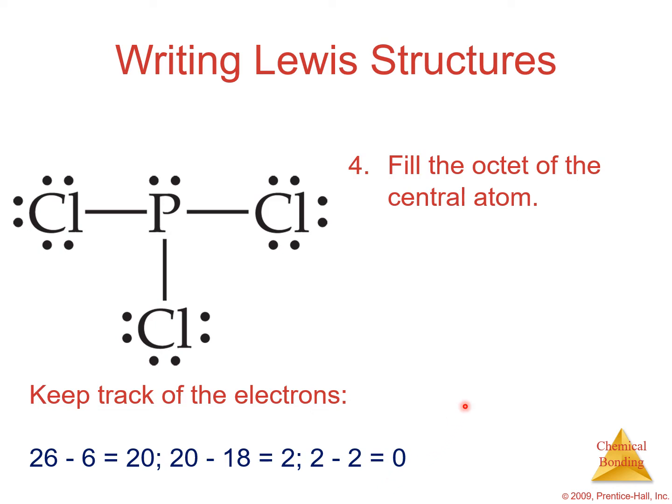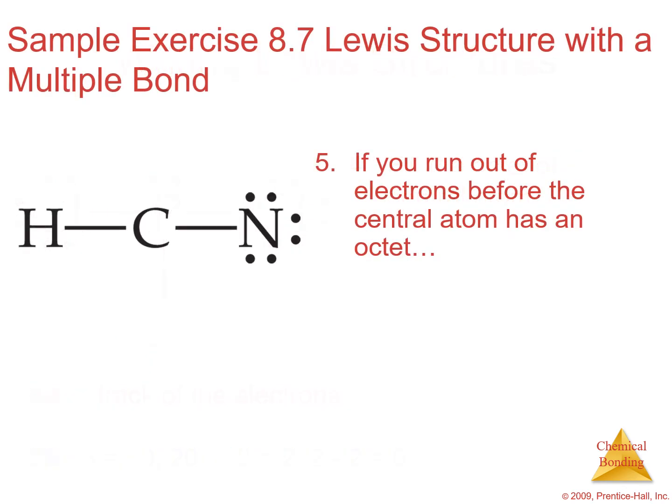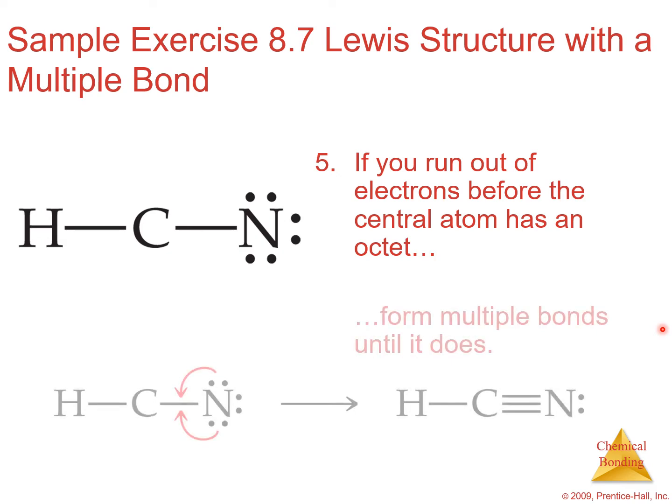Now, if there aren't enough electrons to give the central atom an octet, try multiple bonds. Even if you run out of electrons before the central atom has an octet, then form multiple bonds until it does.